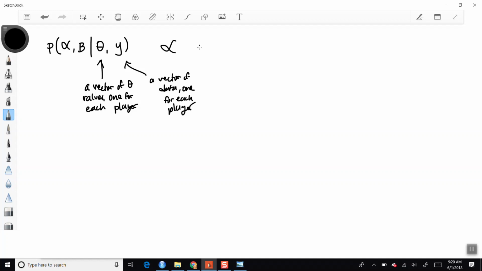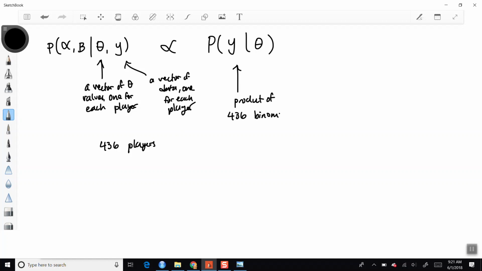And this is going to be proportional to the probability of y given theta. So technically, if we have 436 players, this is going to be the product of 436 binomial probabilities.